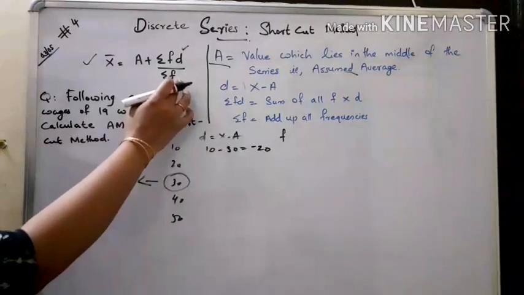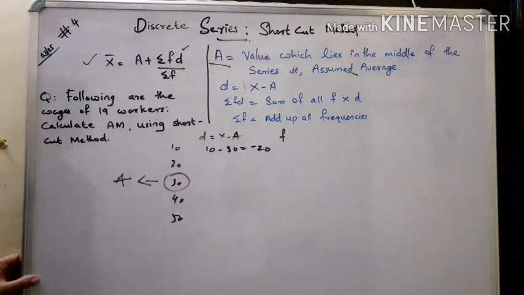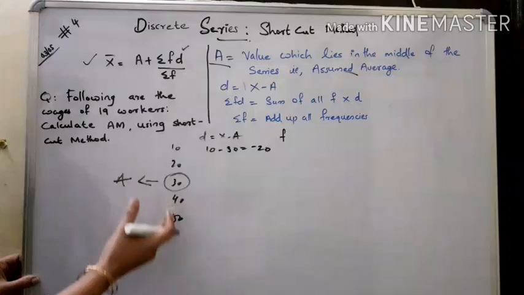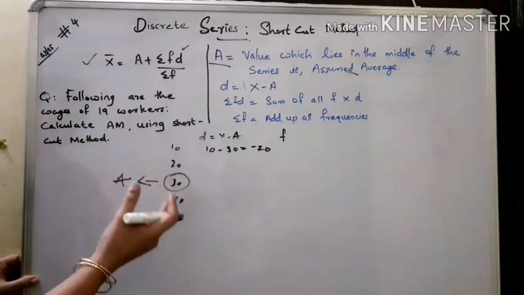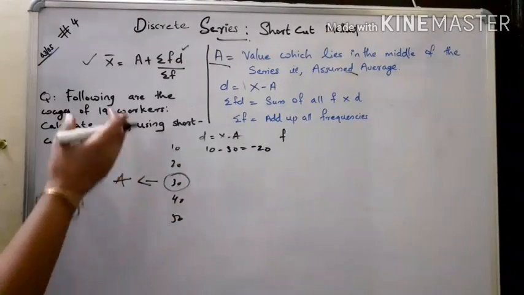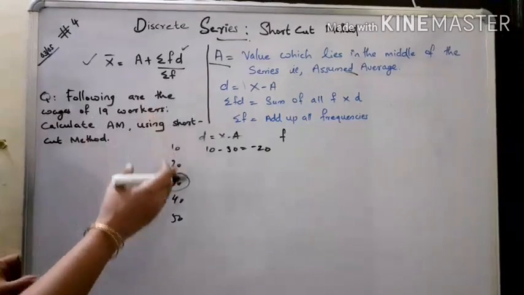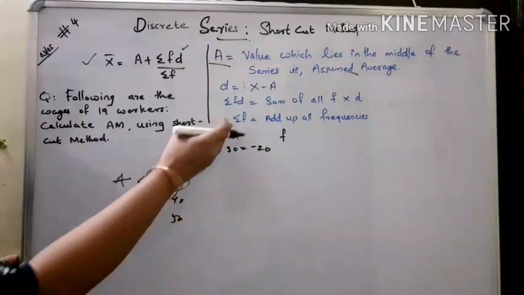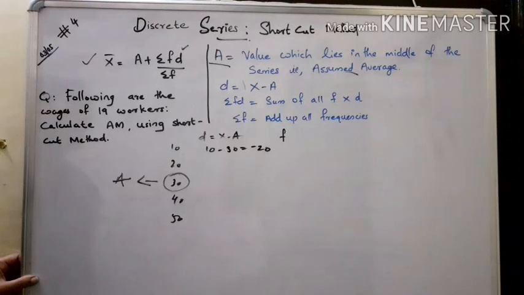Then sigma f is equal to adding up all frequencies. In discrete series, the speciality is that we get the frequencies of each variable or each item. So the total of each frequency we call sigma f, the summation of f.